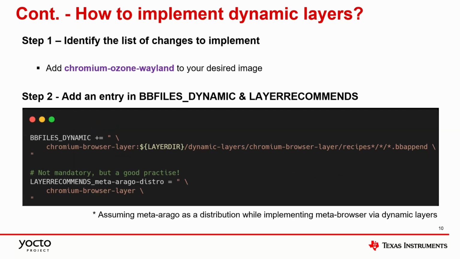There won't be a hard dependency, but what I'm ensuring is that in my bblayers.conf, when meta-browser is included, then and only then my dynamic layer will get executed. But as someone already mentioned, it is recommended and not a direct dependency.